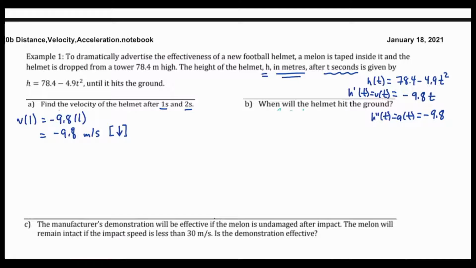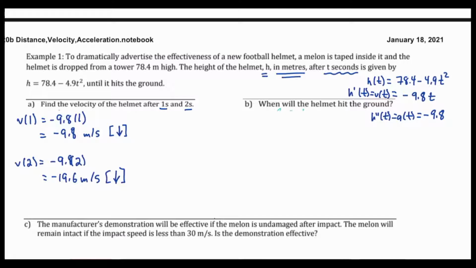Next up, my velocity at 2 seconds. Negative 9.8 times 2, which is going to be negative 19.6 meters per second. Still going down.